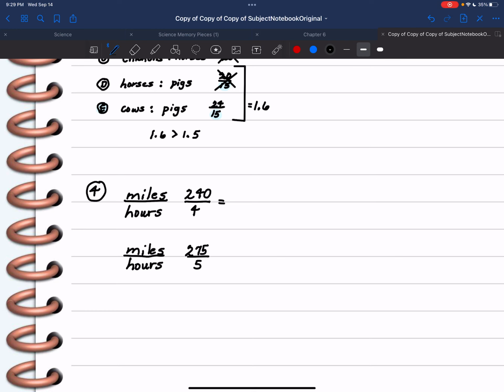So I need to get a unit rate for each. So 240 divided by 4 is going to be 60. And then 275 divided by 5 is going to be 55. And the word difference tells me to subtract. So 60 minus 55 equals 5 miles per hour. So for this one, I like answer B, as in boy.